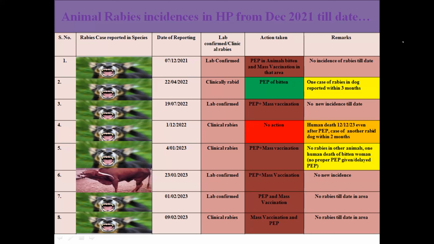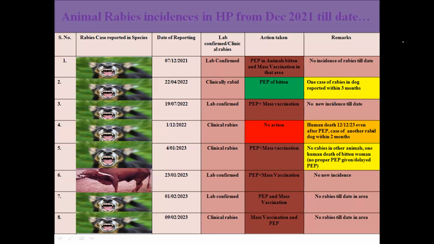Within 2 months, you can see at number 8, 9 February 2023, after 2 months another case of rabies was there in the Shimla region. If no action is taken, there is a problem, and another case of rabies will come within 1 to 3 months. It gets reported in dogs.